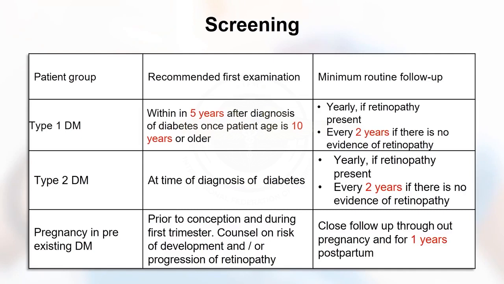In case of pregnancy, in pre-existing diabetes mellitus, prior to conception, she must be euglycemic, and during the first trimester, try to keep her glycemic control, and counsel on the risk of development and progression of retinopathy with pregnancy. So during pregnancy, the patient should be under euglycemia as far as practicable.